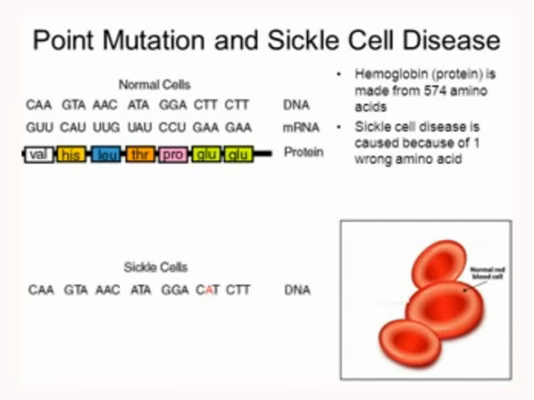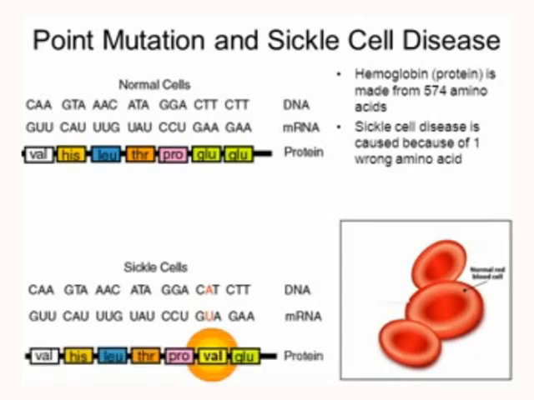Now, in sickle cell disease, there is a substitution or a misspelling. In a normal cell, the codon is CTT, but here I have CAT. Now, this is transcribed into mRNA and that codon becomes GUA instead of GAA.